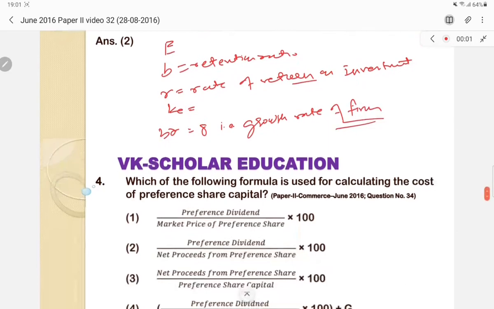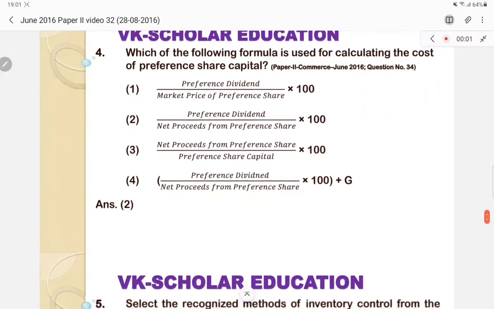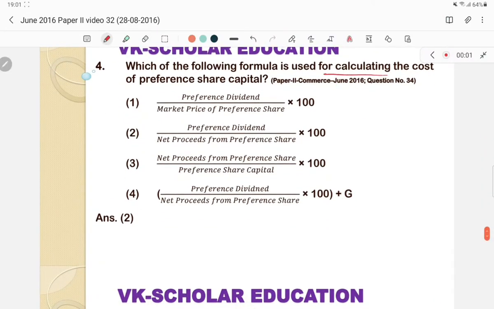Next question is, which of the following formula is used for calculating cost of preference share capital? So the cost of preference share capital is in terms of dividend payment to the preference shareholder borne by the firm.